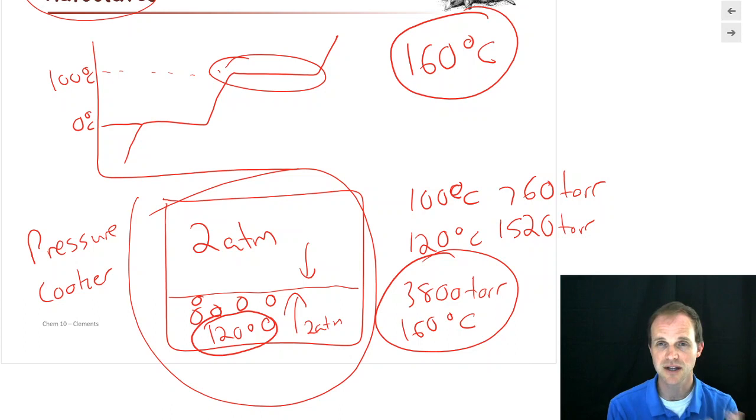It turns out there are a lot of proteins in tough meats especially that break down really rapidly at 120 that don't break down very rapidly at 100 degrees Celsius, and you can cook that meat a whole lot faster. So we can use it for useful things, either sterilizing stuff by getting up to 3,800 torr inside, or a pressure cooker, and those generally run around 2 atmospheres of pressure.